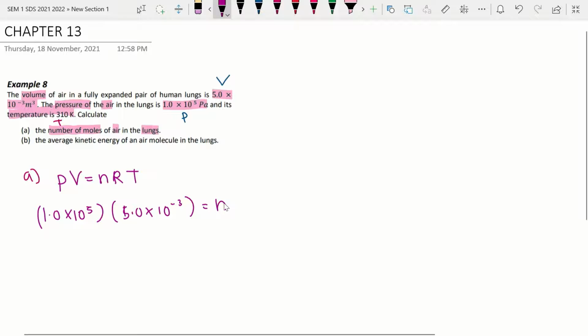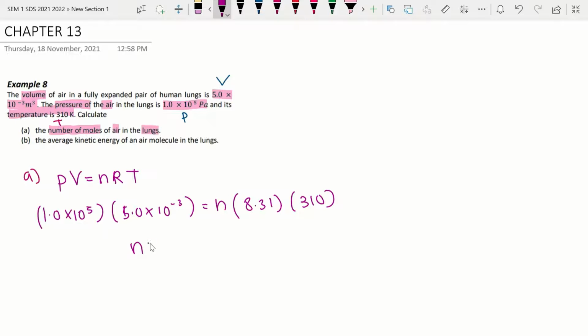And then n is the number of moles we are going to look for. R is the molar gas constant, which is 8.31, and the temperature is 310. So rearrange the equation and press the calculator, you will get 0.194 moles. Okay, we are done for A.